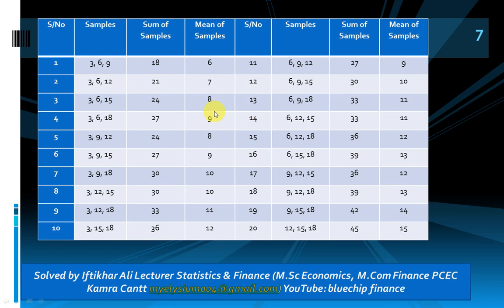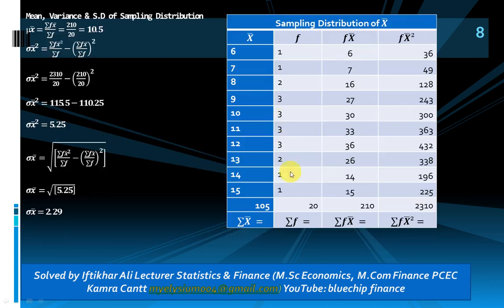So 6, 7, 8, 9, 10, 11, 12, 13, 14 and 15, and we place the relevant frequency in front of each mean, and fx bar and fx bar square, and after that we put these sums into the formulas of sample statistic.